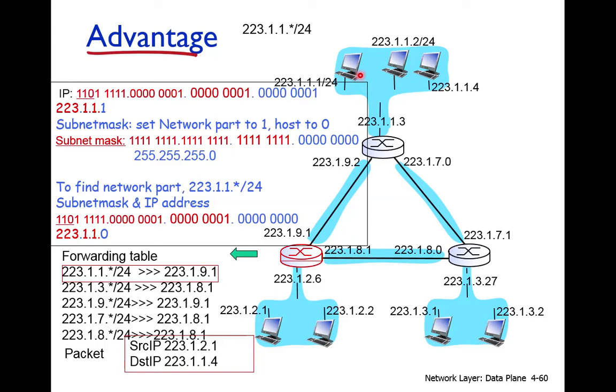For example, you can see here that this is a subnet, or a network, and it contains hosts with IP addresses 223.1.1.1, 223.1.1.2, 223.1.1.4, 223.1.1.3. You can see that in these IP addresses, the first 3 bytes, that is 223.1.1, are common in each and every host IP address. So this is called the network number.